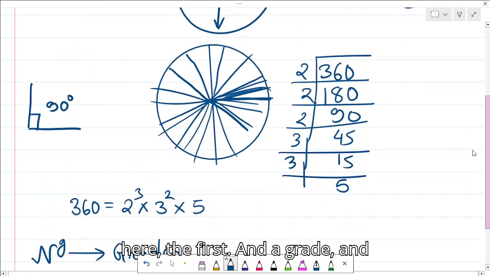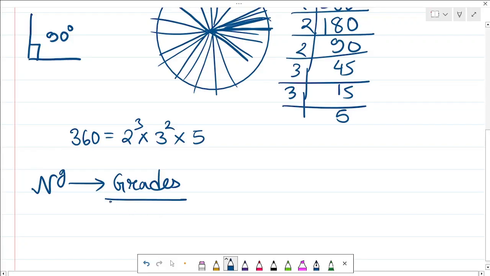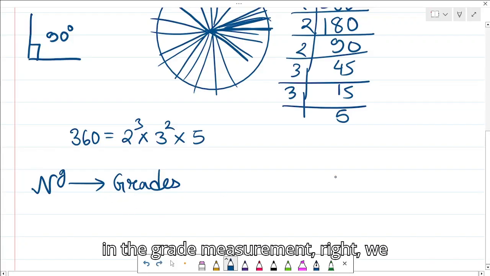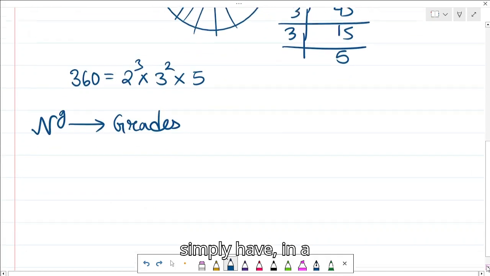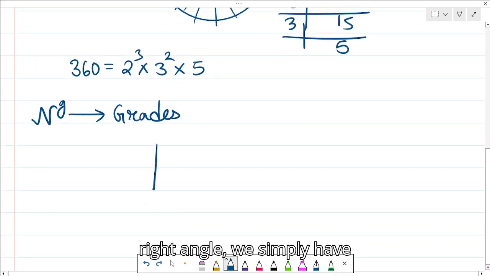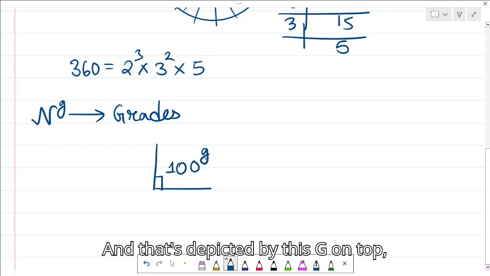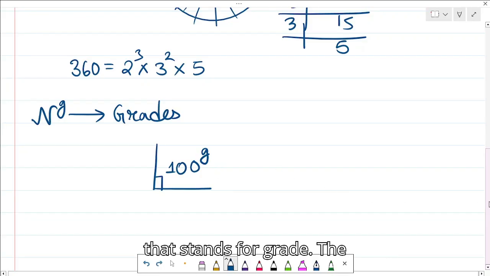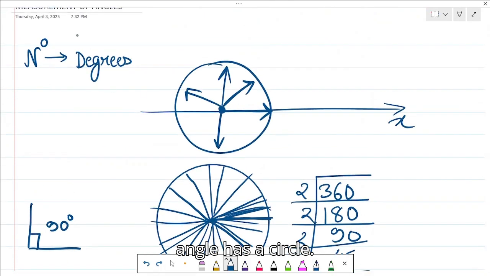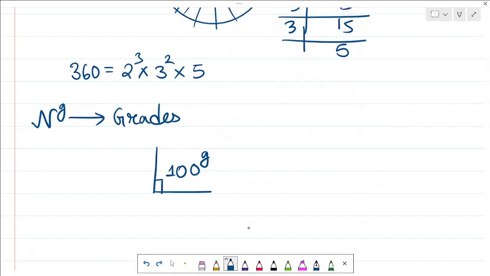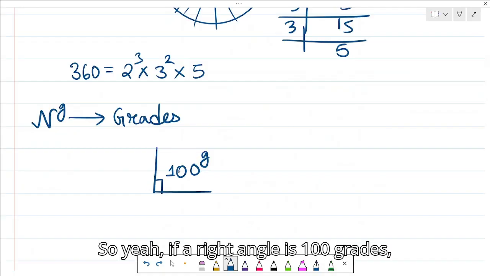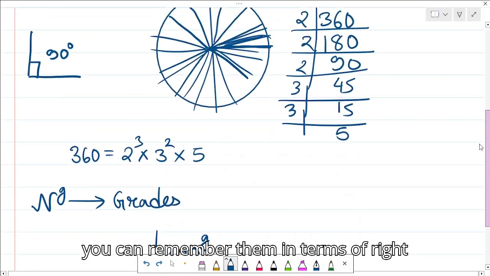In the grade measurement, in a right angle, we simply have 100 grades, and that's depicted by this g on top that stands for grade. The angle in degrees has a circle. So if a right angle is 100 grades, you can remember them in terms of right angles, all right?